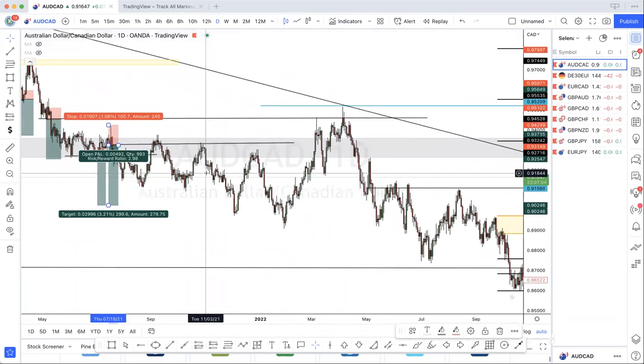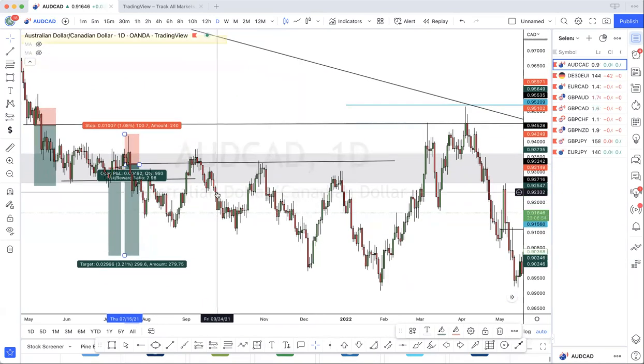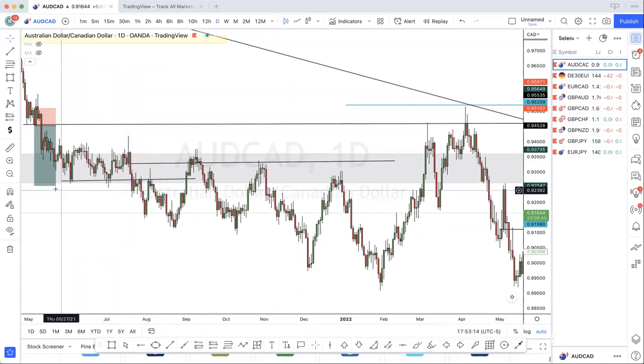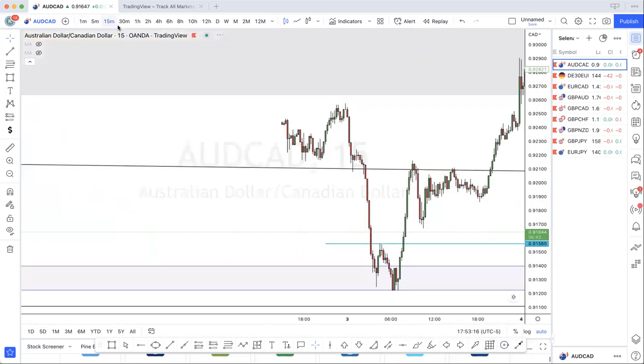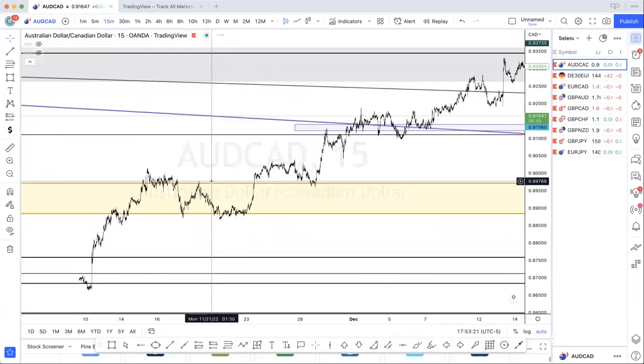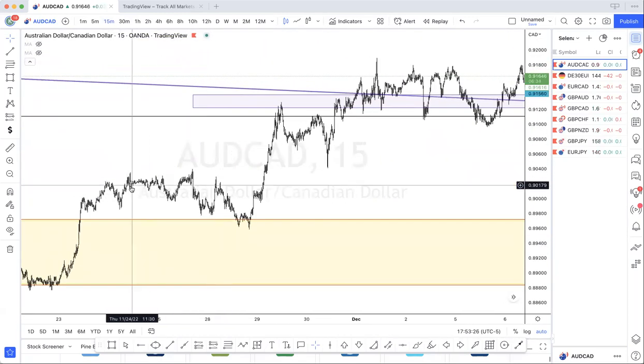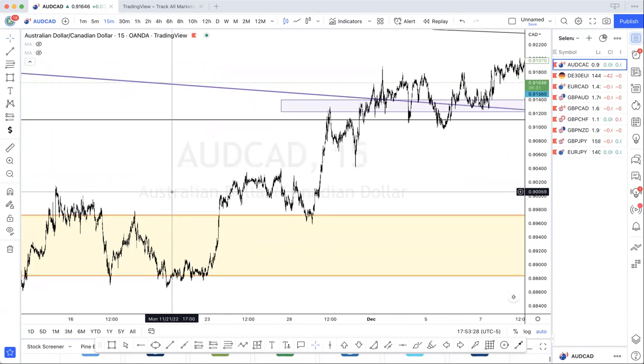Even looking here, there was an order block right here, it got tapped into, and started dropping. Now we're on the daily, and let me take this off and go down to the 15-minute, because I know we trade the pullbacks sometimes.